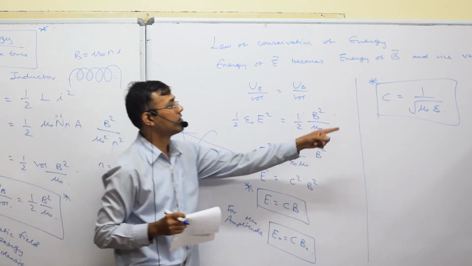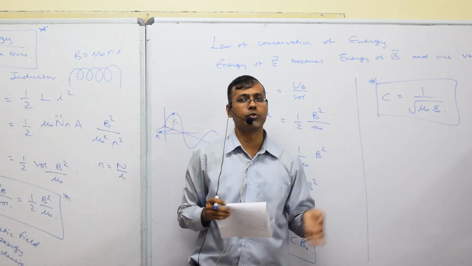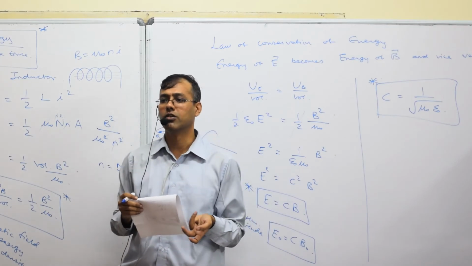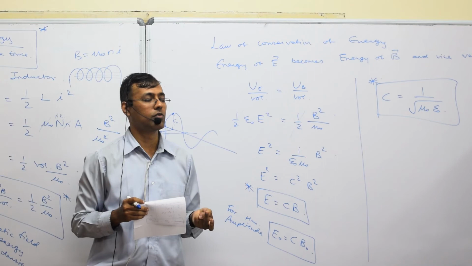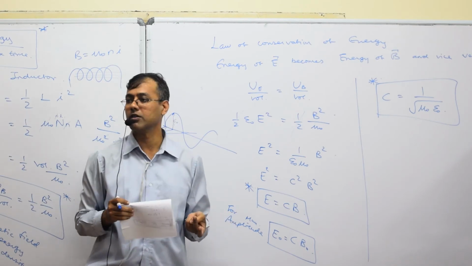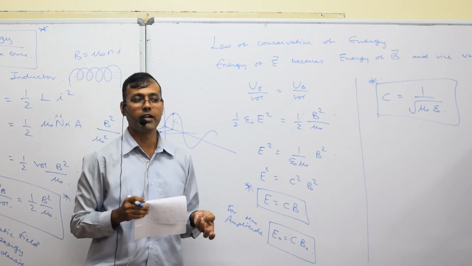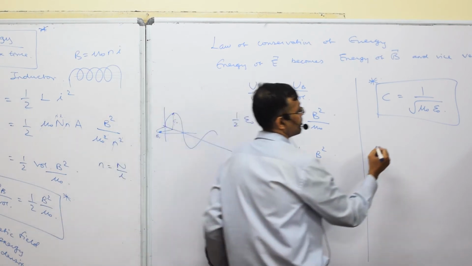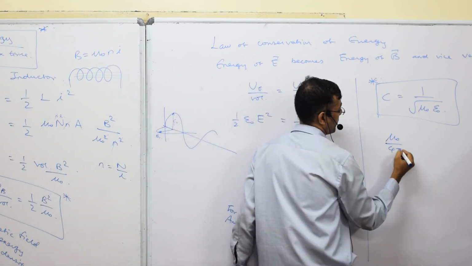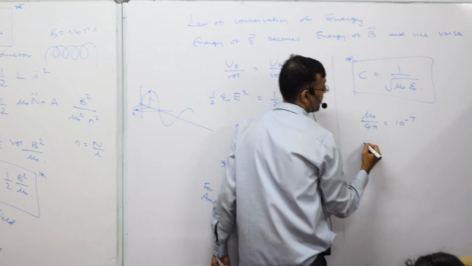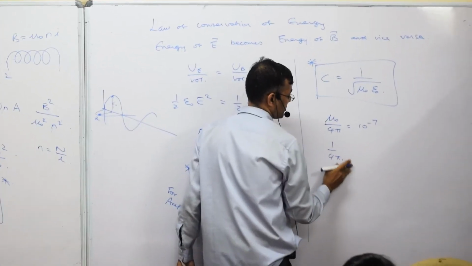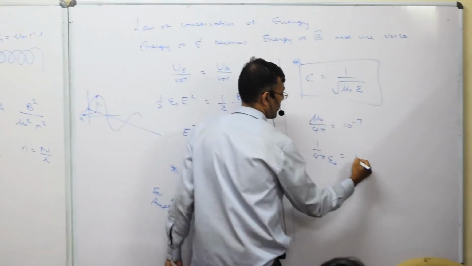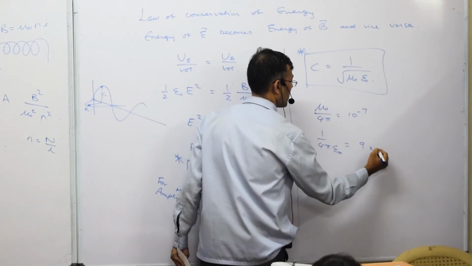Any idea how we got this? Anybody remember what is the value for mu naught by 4 pi? It is equal to 10 power minus 7. What is 1 by 4 pi epsilon naught? It is equal to 9 into 10 power 9. So mu naught by 4 pi is equal to 10 power minus 7, and 1 by 4 pi epsilon naught is equal to 9 into 10 power 9.